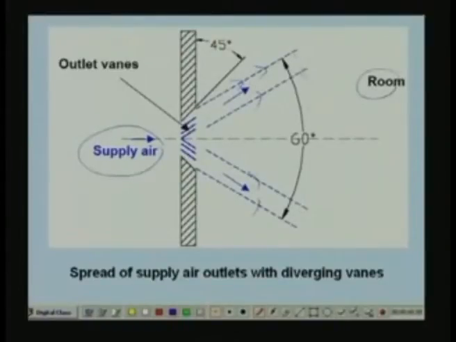This is your spread, and the vanes here are diverging vanes. For diverging vanes the spread angle is 60 degrees, whereas it is 19 degrees for converging or straight vanes. This spread can be in the vertical direction, and it can be in the horizontal direction also, that means perpendicular to the board.